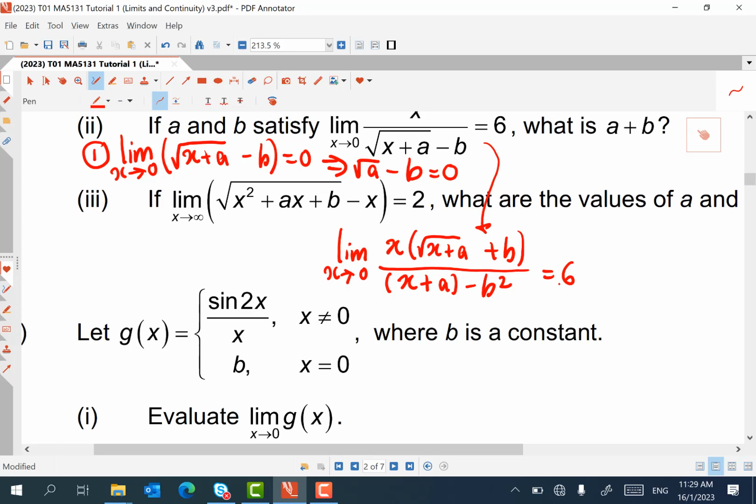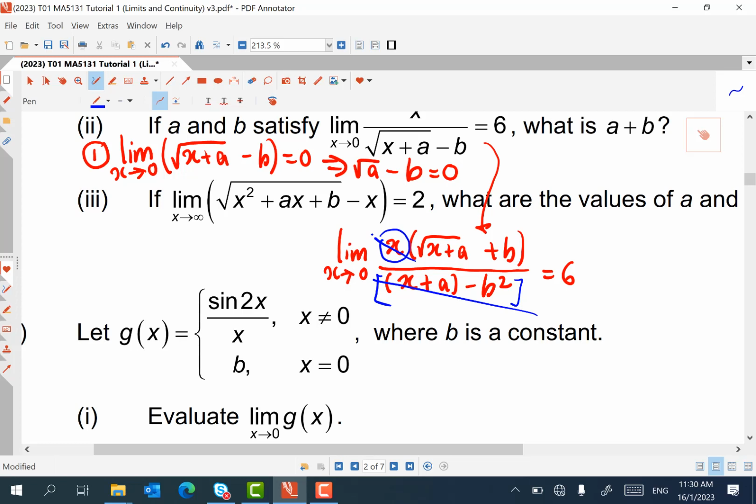So when x goes towards 0, if it's not 0, then the limit of the... imagine like 0 over 7. Do you realize that at this point, this fella and this fella, they can cancel off, you know.